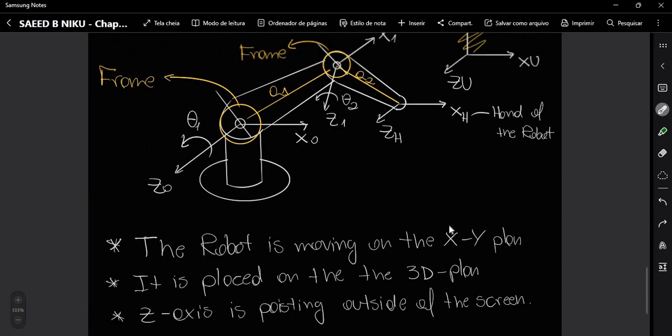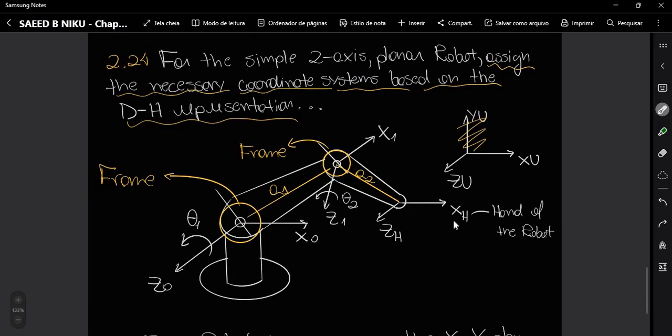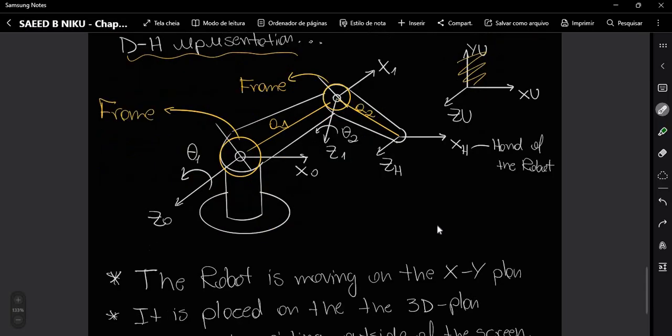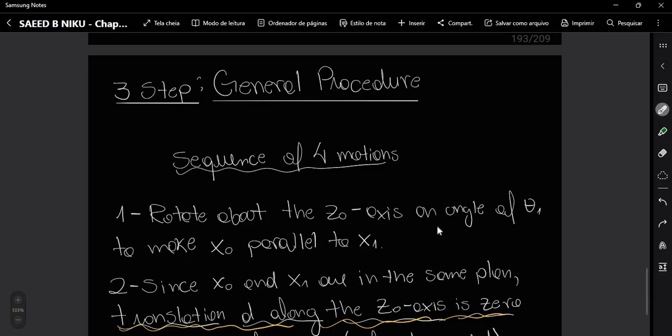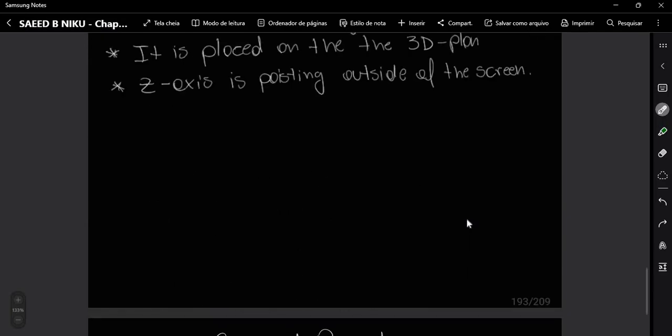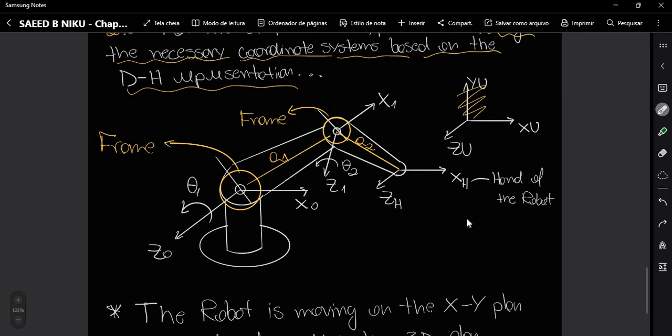And after assigning these axes, which is a requirement of DH representation, comes the next step of this type of solution technique. So DH is a technique that we use to represent robots, and its advantage is that we can represent any type of robot with any number of joints and links.